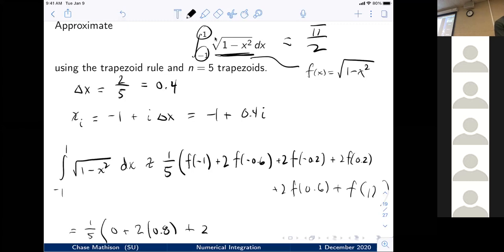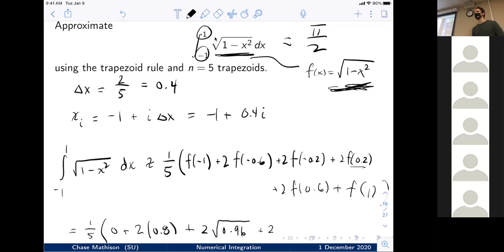Well, this one doesn't simplify quite as nicely. I'm going to get the square root of 1 minus 0.04. So that's the square root of 0.96. And again, for all these, we're plugging into the formula, okay? If you need a little more time to do that, that's totally fine. Then the next one, I'm going to get 2 times, well, f of 0.2 is the same as f of -0.2.